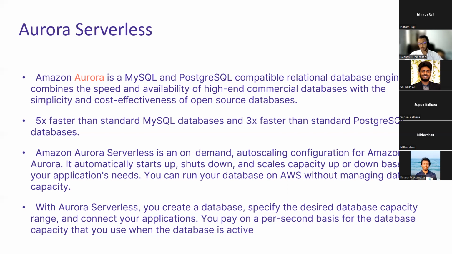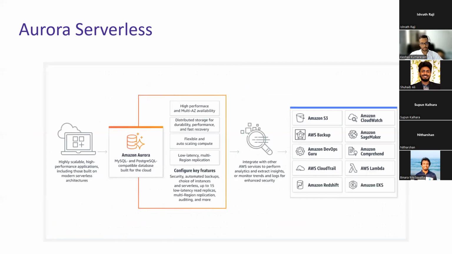especially Aurora. If you look at the graphic here, Aurora is, as I said, MySQL and PostgreSQL compatible, and it directly integrates with other services as well, for example SageMaker, Lambda, EKS, and so on.